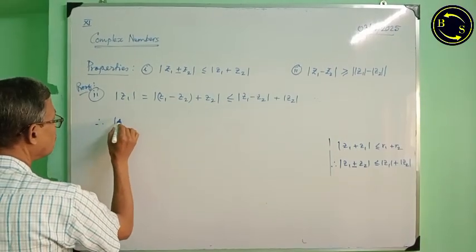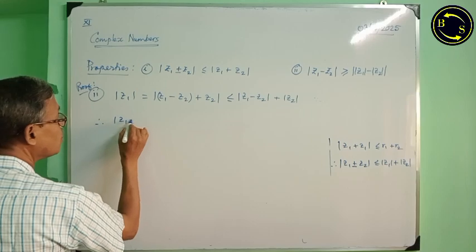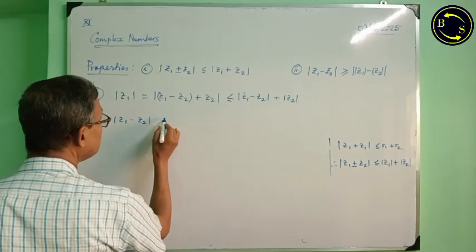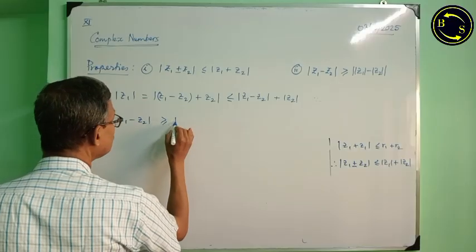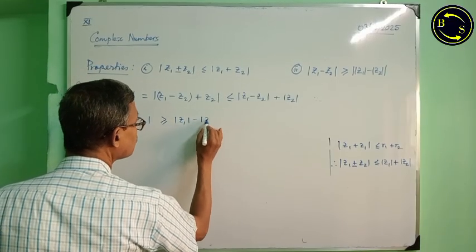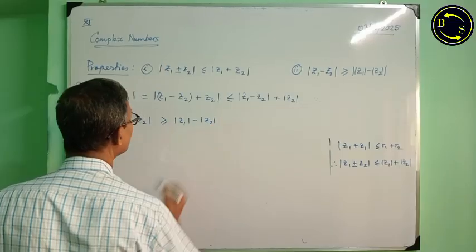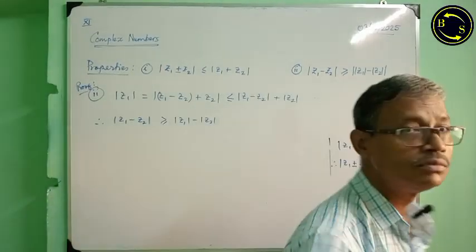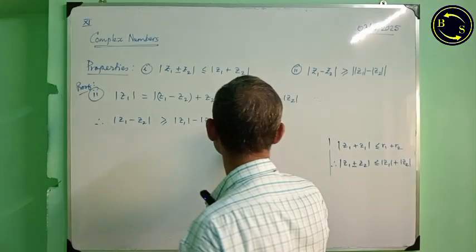Therefore, modulus of z1 minus z2 will be greater than or equal to mod of z1 minus mod of z2. I call this relation A.